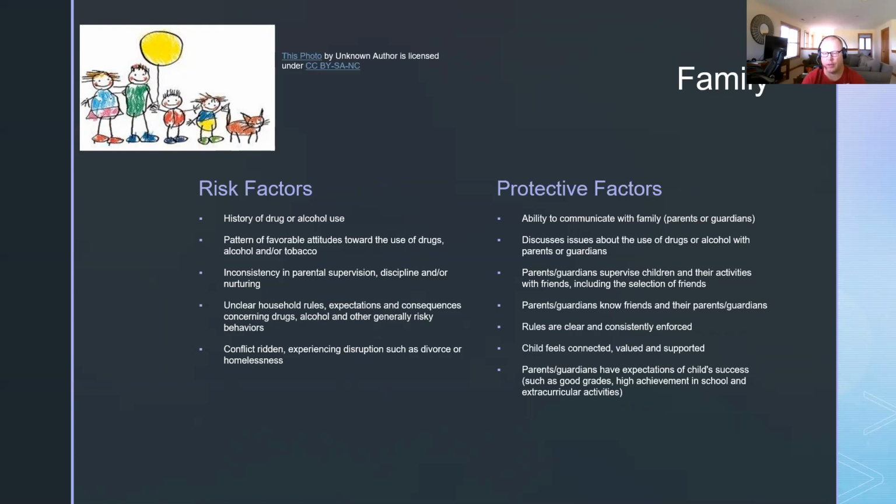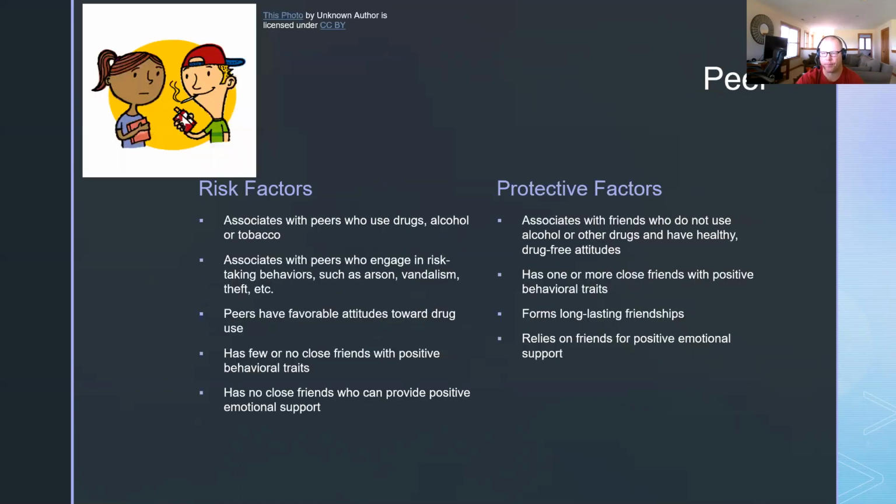Rules are clear and consistently enforced. Child feels connected, valued, and supported. Parent guardians have expectations of child's success, such as good grades, high achievement in school, and extracurricular activities. So those would be the protective factors that our families can give to help us avoid drugs and alcohol.